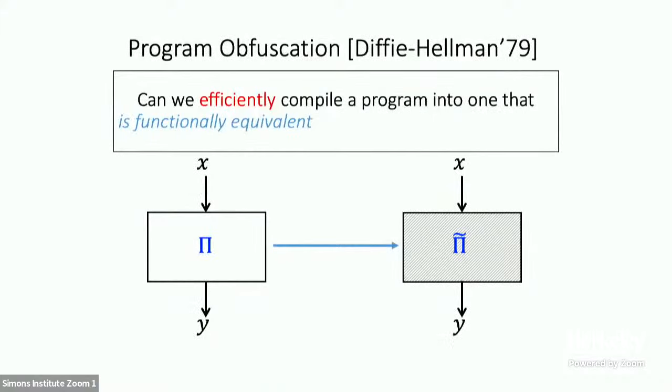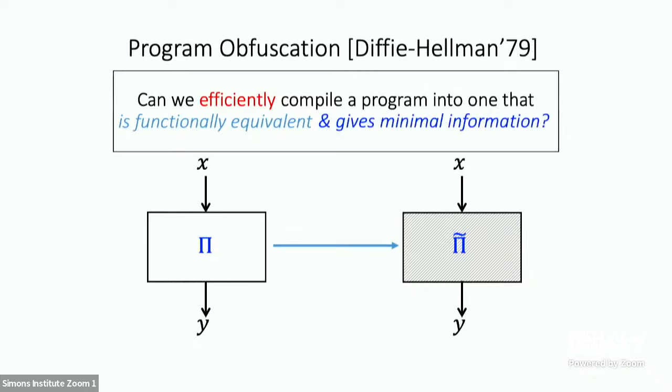The concept of program obfuscation in cryptography, its conception really dates all the way back to the beginning of public key cryptography. And here we're going one step further and ask, can we efficiently transform some program that may give away a lot of information into another one that computes the same function, but now gives away minimal information?